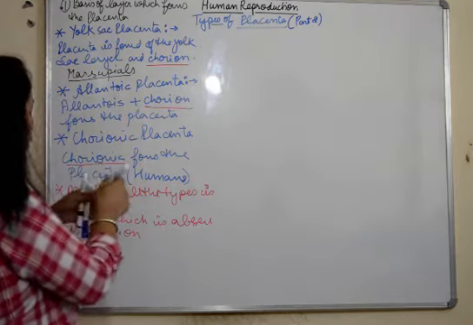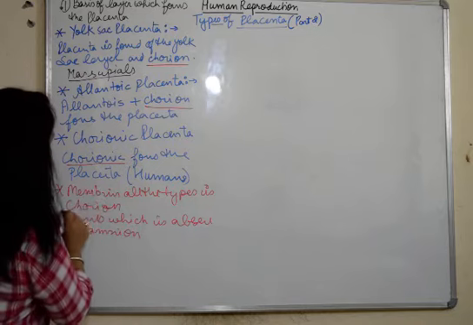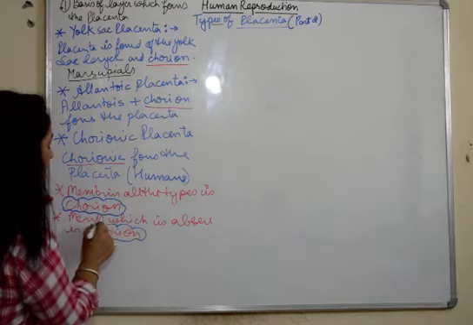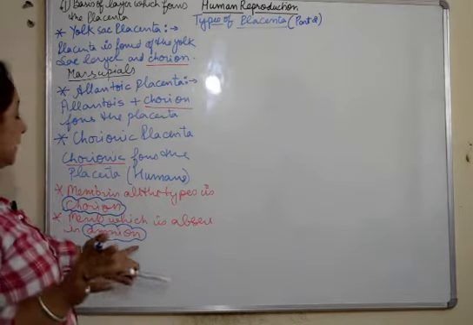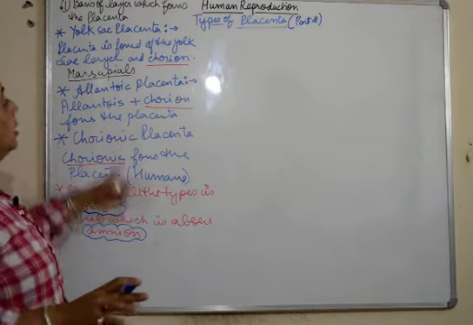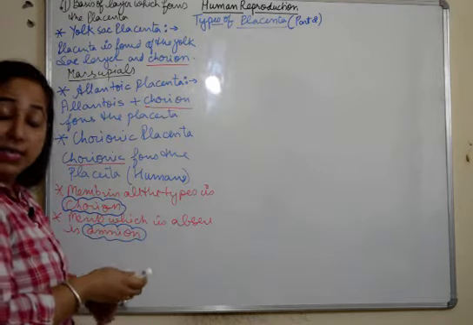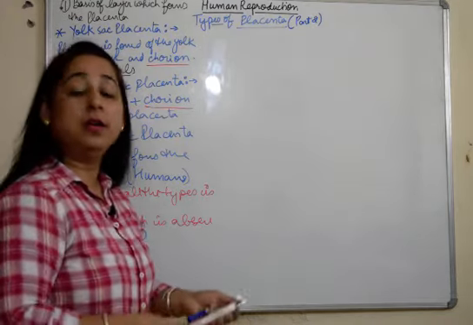Very important question. Name the membrane which is found in almost all the types of placenta. Chorion. The membrane of the fetus which is absent in placenta, that is amnion. So this is the first category on the basis of the layers which lead to formation of the placenta.